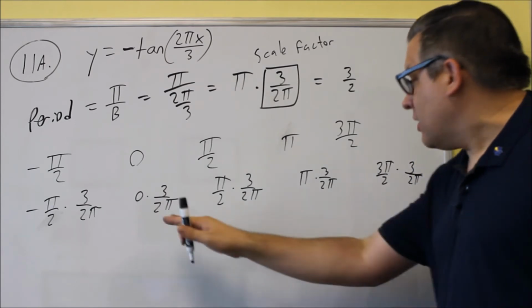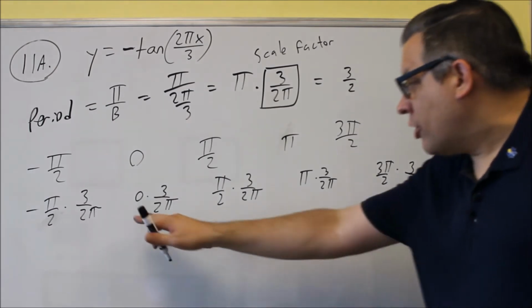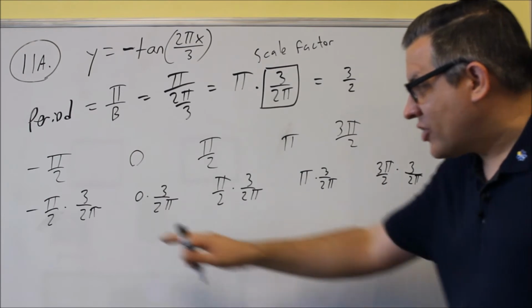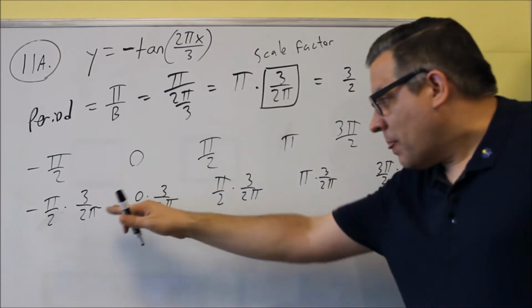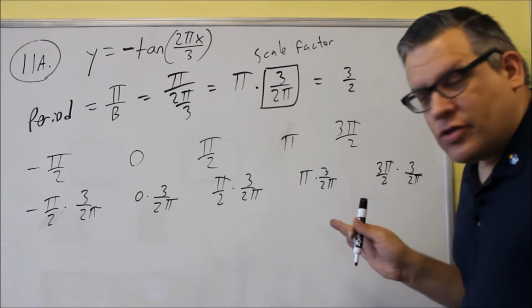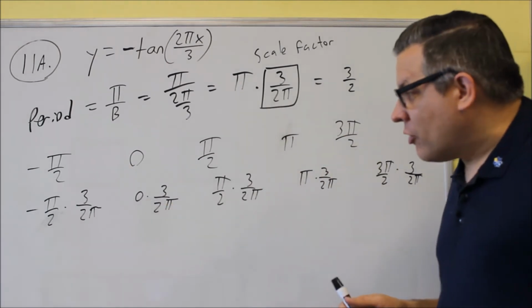So I'm going to multiply all those out. Every one of those I'm multiplying by 3 over 2 pi. That's going to end up changing all these original key points into the new ones. So whatever I get when I multiply all these, that's the new key points that we'll have for the graph.